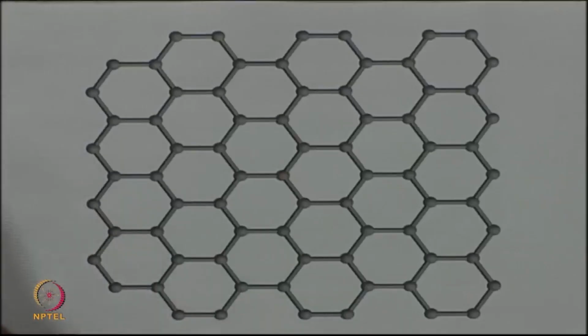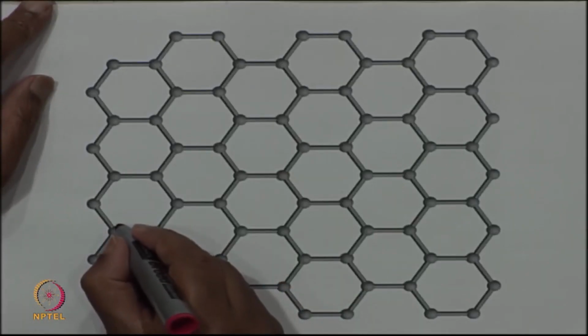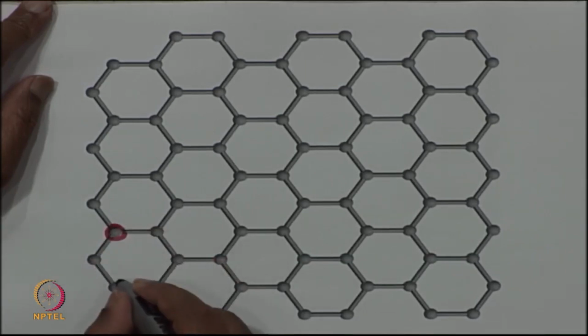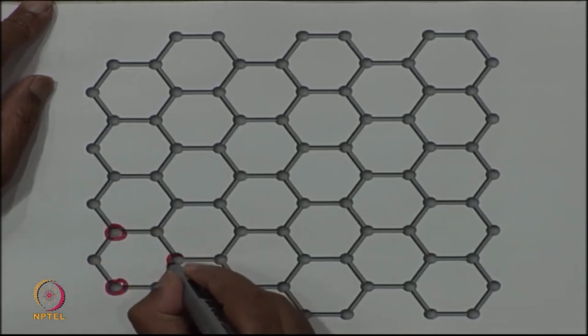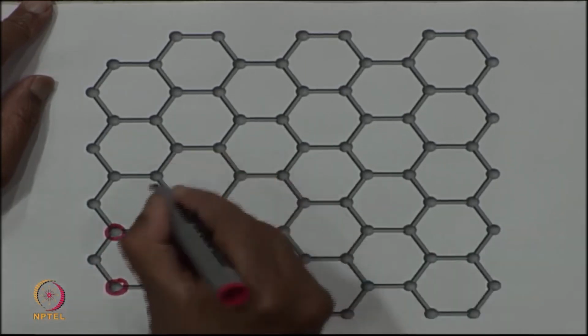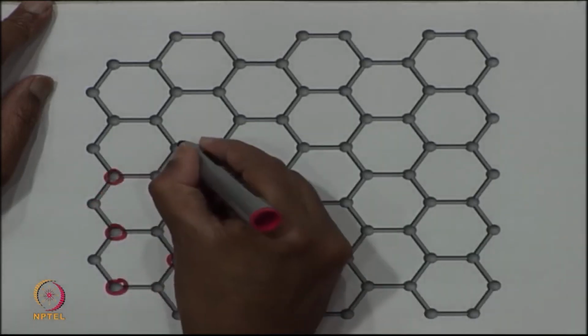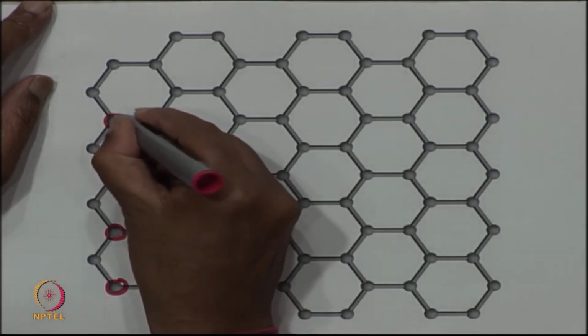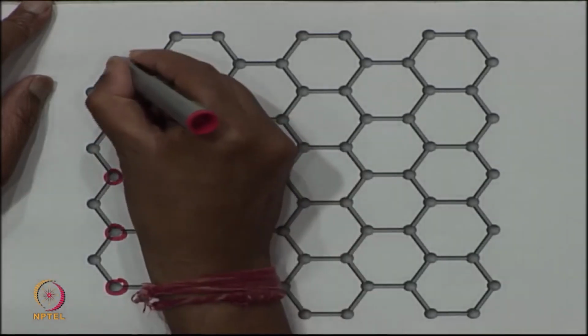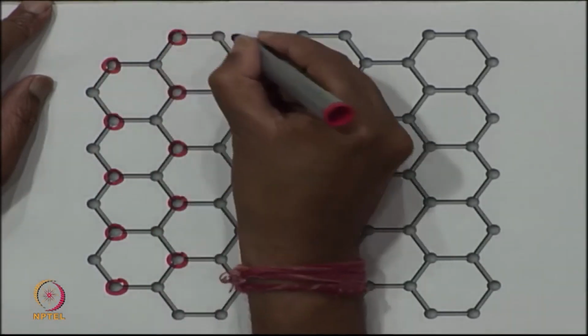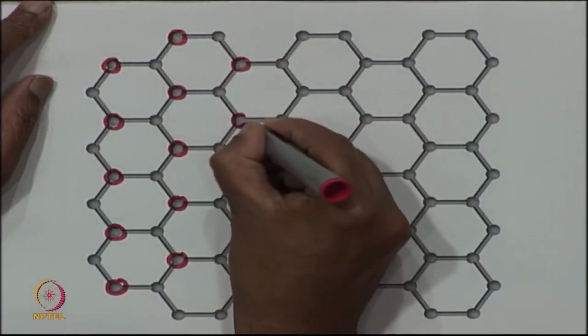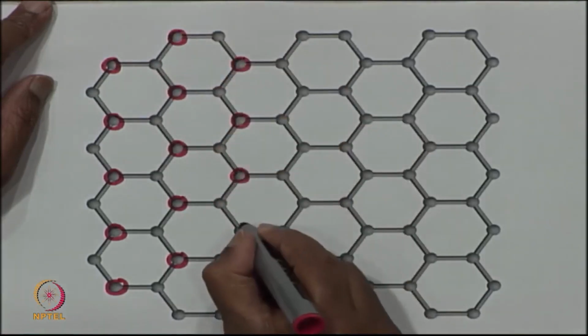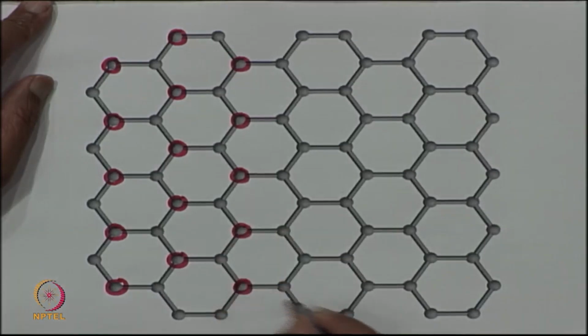So, just one more concept which I wanted to show you is the chirality angle or the chiral angle. Sometimes the tubes are characterized by what are called the chiral angle. That is nothing but the angle which the chiral vector makes with one of the axes, usually taken to be the first axis A1.